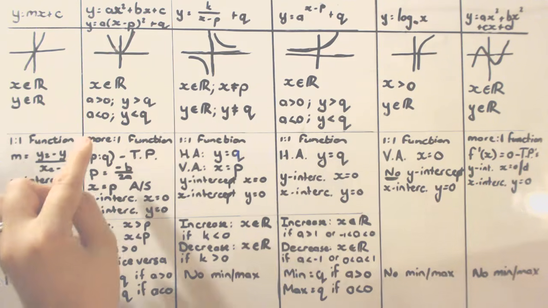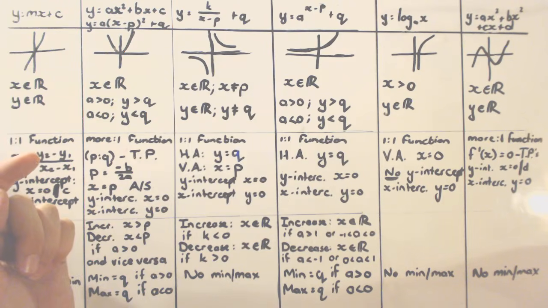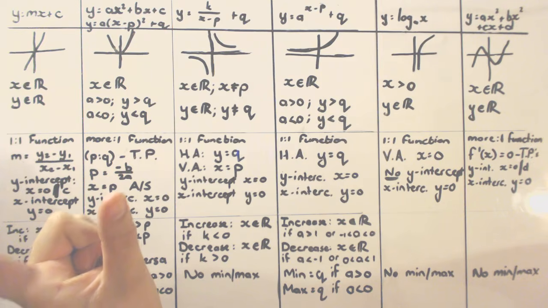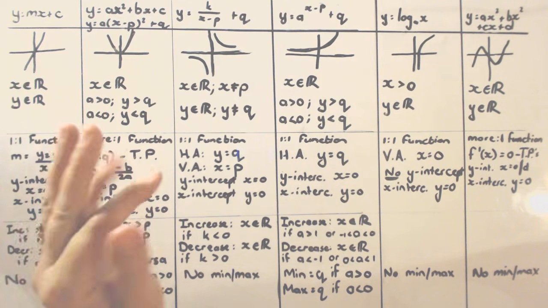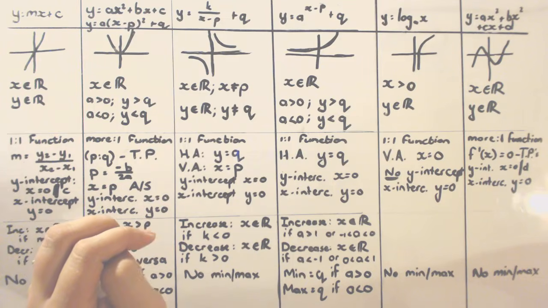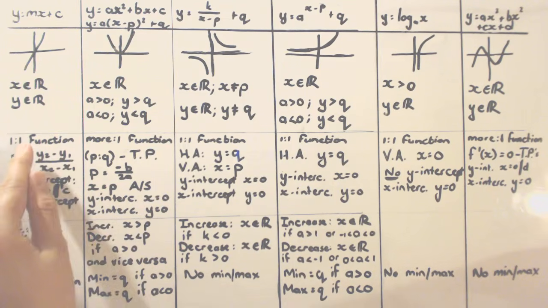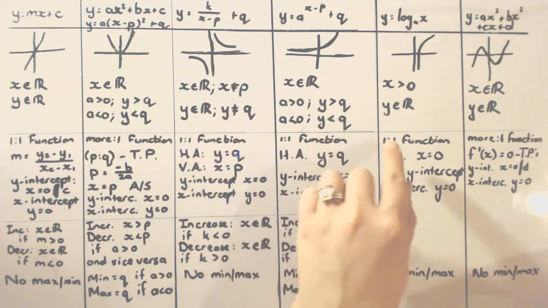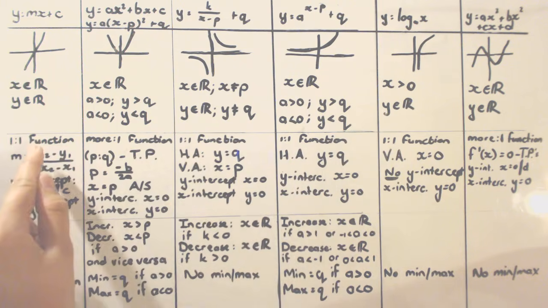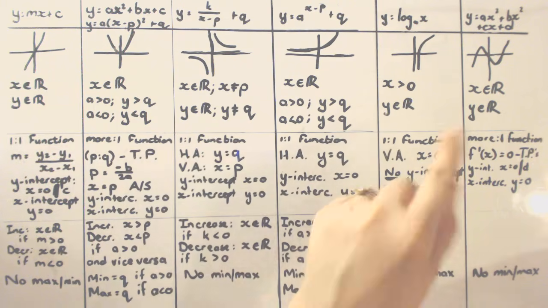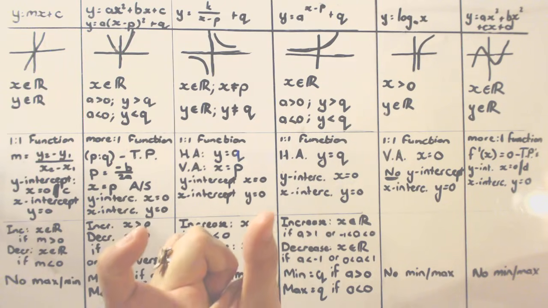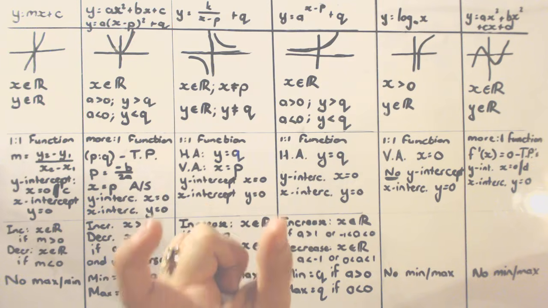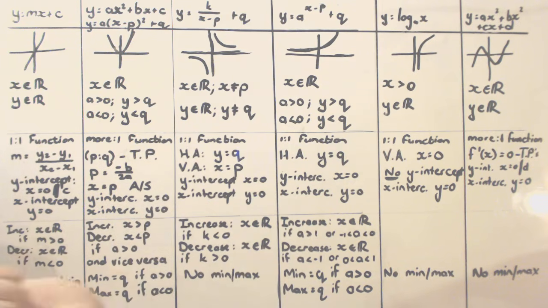And for the many-to-one functions, if you do go find an inverse of that function, you must restrict the domain to make the inverse function still a function. For the one-to-one functions, you can just find the inverse. For the many-to-one functions, you must restrict the domain so that you only use a one-to-one function.